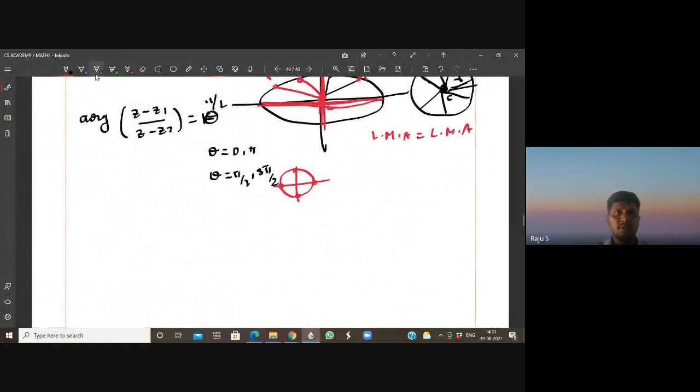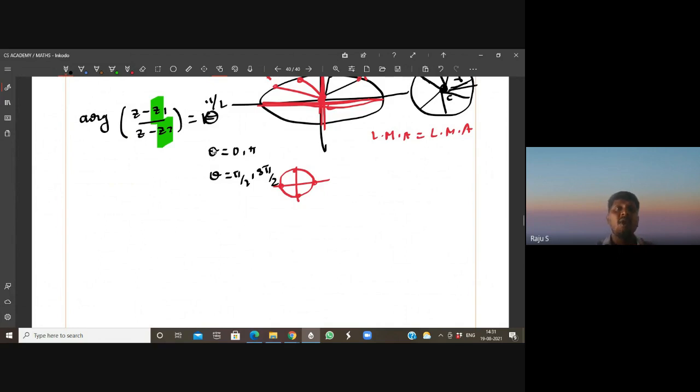What about Z1, Z2? That is important. Here, Z1, Z2 are the two points on the circle. First of all, argument of (Z minus Z1) by (Z minus Z2) equal to theta will represent a circle.